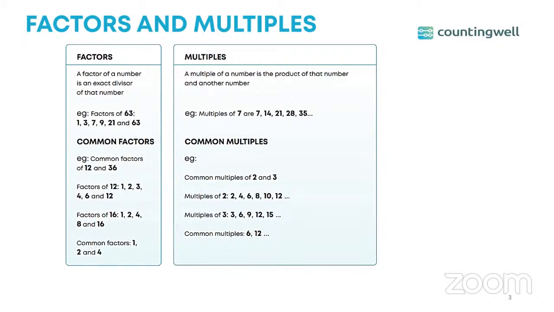So what are factors? A factor of any number is an exact divisor of that number. For example, if you take factors of 63, you will get 1, 3, 7, 9, 21 and 63 as factors because 1, 3, 7, 9, 21 and 63 exactly divide 63.